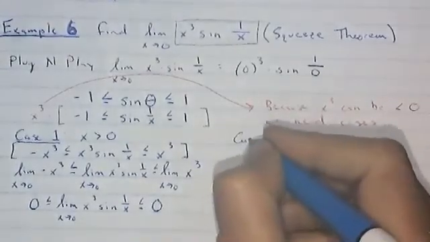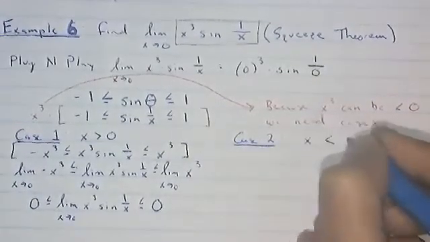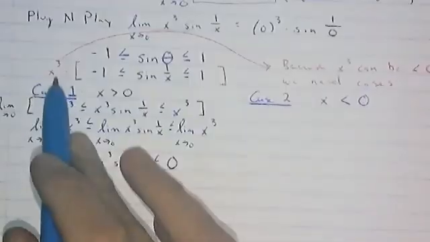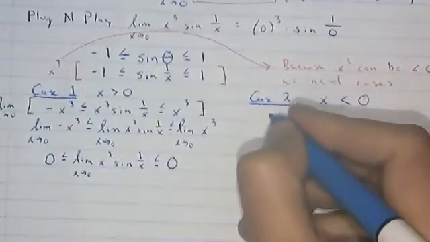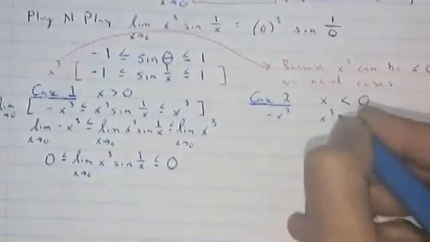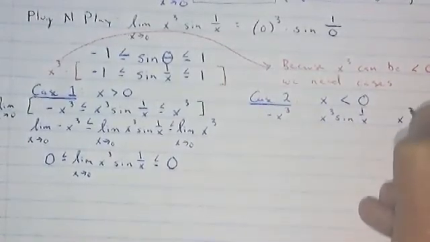I'll do it over to the right. Case 2. This is when x is less than 0. When x is less than 0, x cubed is also less than 0. So when we do this multiplication, we still get negative x cubed, we still get x cubed sine of 1 over x, and we still get x cubed.